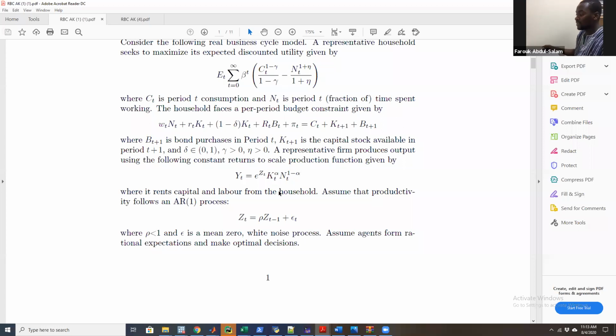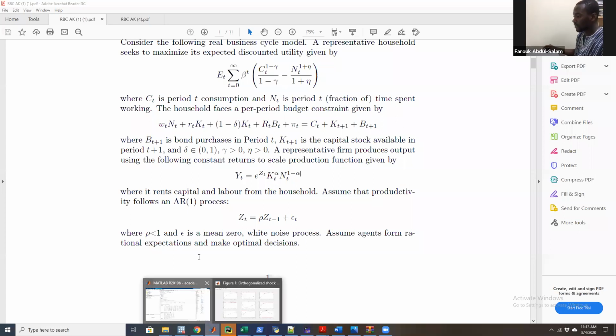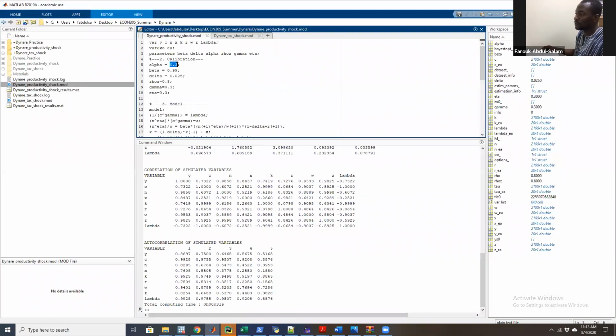If that's the case, then I just come back to my Dynare and place the alpha to be 0.3. So that implies that 30% goes to capital and 70% goes to labor. So that's the 0.3 in there. If you have a different idea as to the percentage of capital that goes into production, then you can put it here. Ella, is that okay?